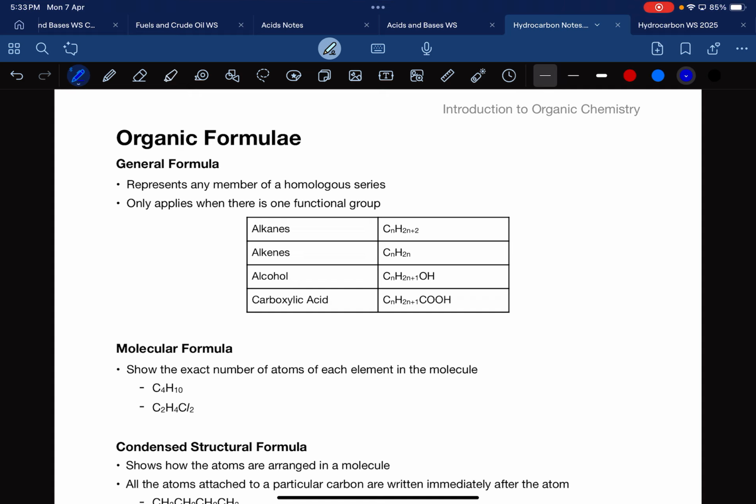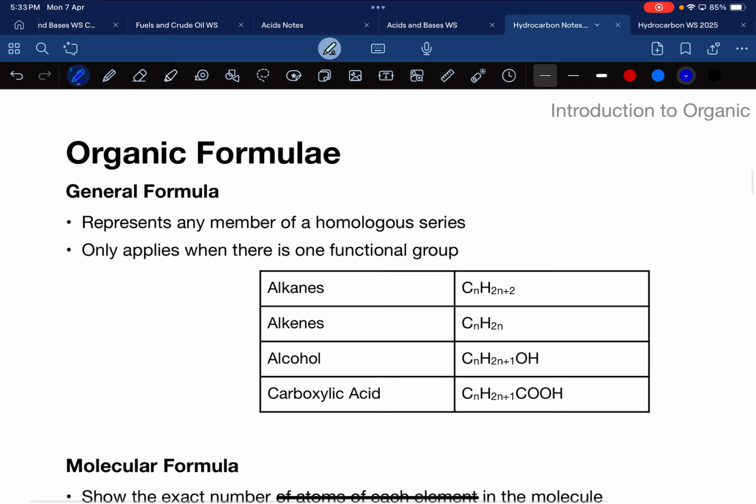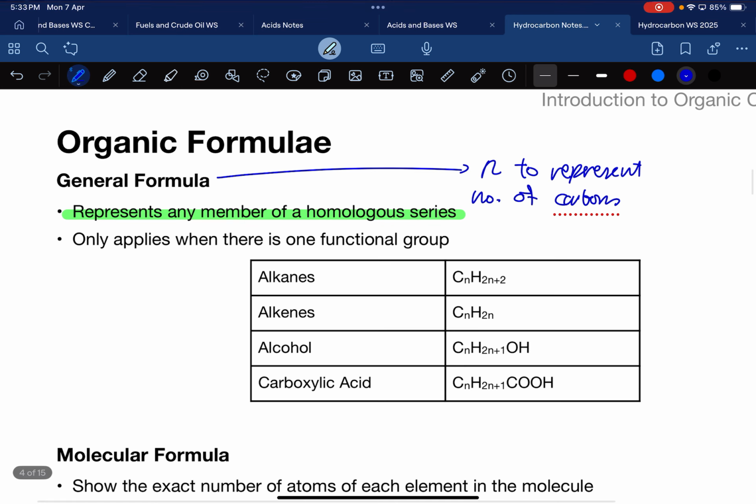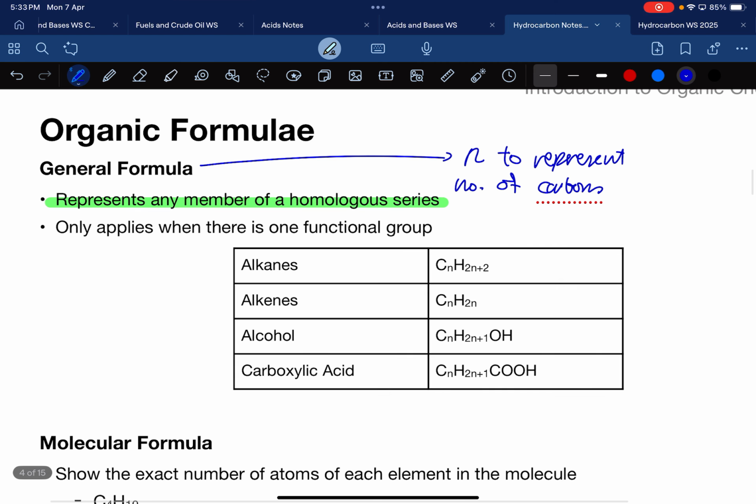Now, let me go through the different kinds of formula we will be dealing with for this topic. First one is general formula. General formula is for any member. In other words, this is the one where we use our N to represent the number of carbons. Good. You can use X as well, but normally we write N. It only applies when there is only one functional group.